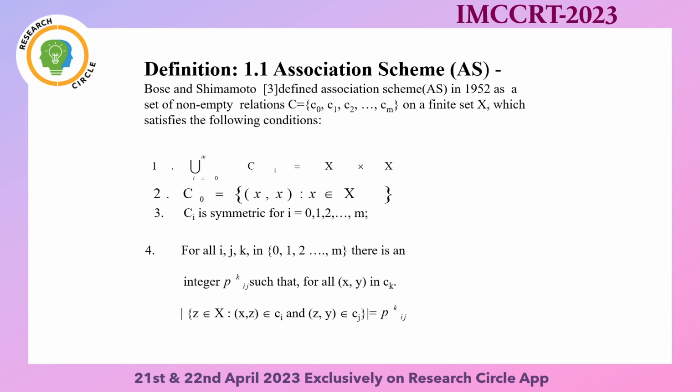The first condition says that union of all the Ci's is equal to X cross X. The second condition says that C0 is equal to the diagonal of X. The third condition says that all the Ci's are symmetric. And the fourth condition says that for all i, j, k in the set 0, 1 up to m, there is an integer pijk such that for all x, y in Ck, the number of elements z in X such that xz belongs to Ci and zy belongs to Cj equals pijk.